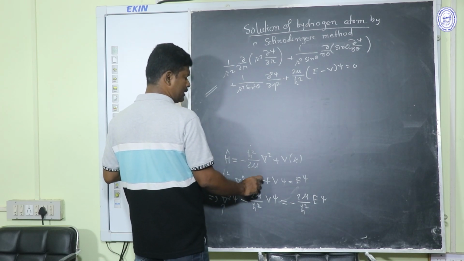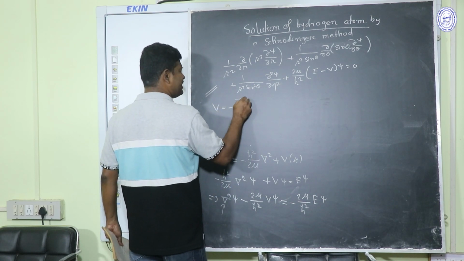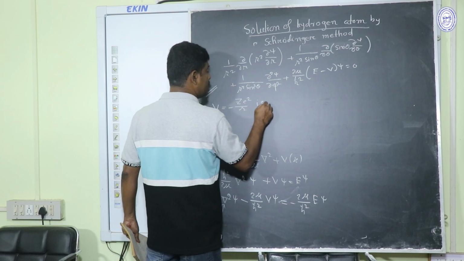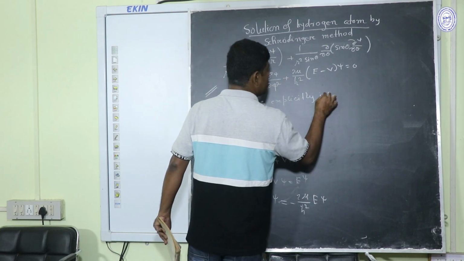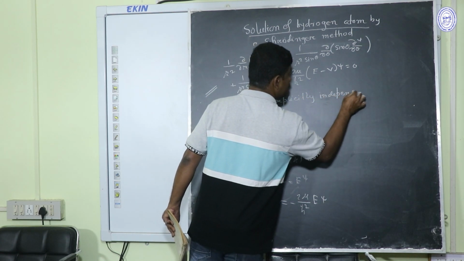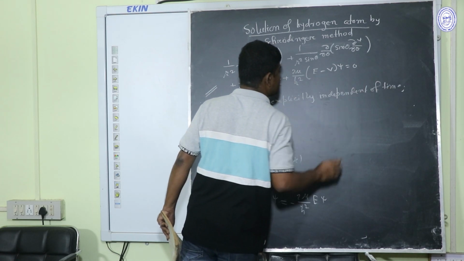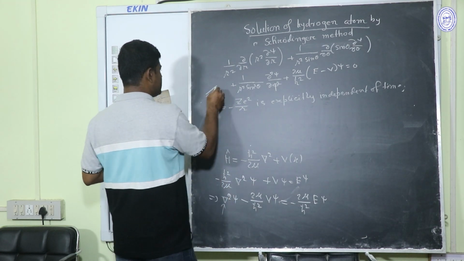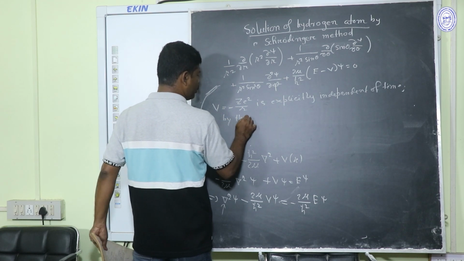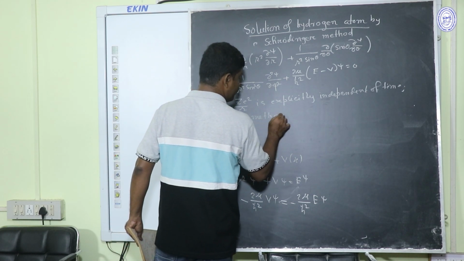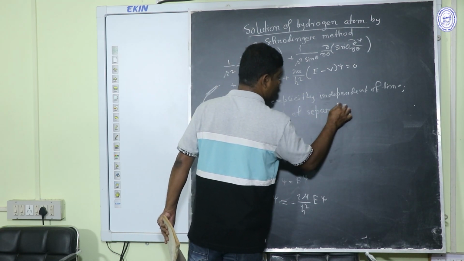And as the potential V, which is equal to minus z e square by r, is explicitly independent of time, we can solve this equation by the method of separation of variables.